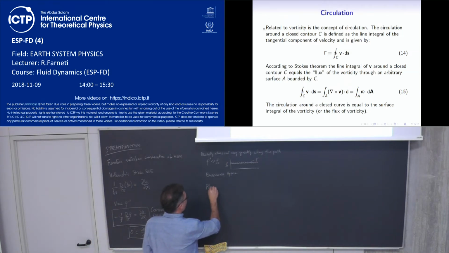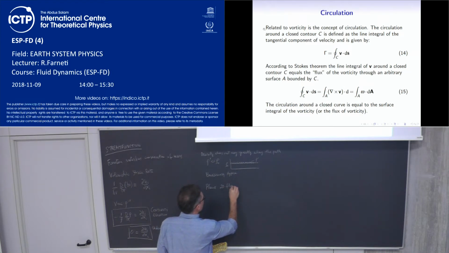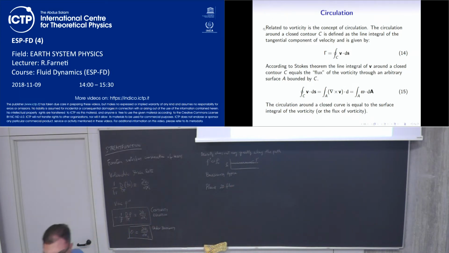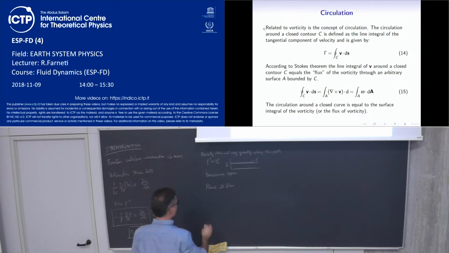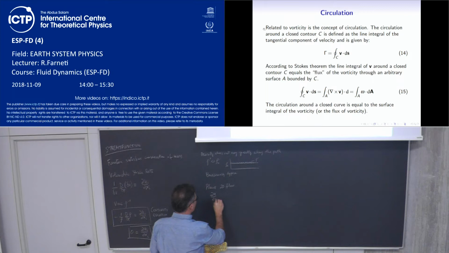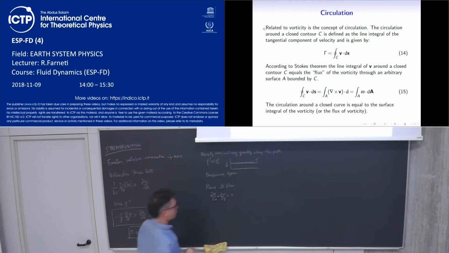So now we take a plain two-dimensional flow, to make things easier and to then build our stream function. Under the Boussinesq approximation, we have du by dx plus dv by dy equal to 0. This is my continuity equation under the Boussinesq approximation.